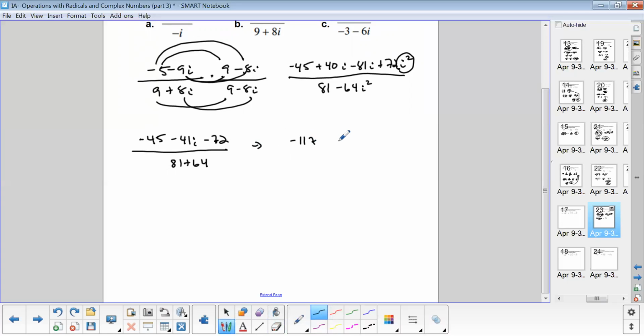So minus 117 minus 41i, all divided by 145. And 117 is not divisible by 4, and neither is 145, so we would leave it as it is.